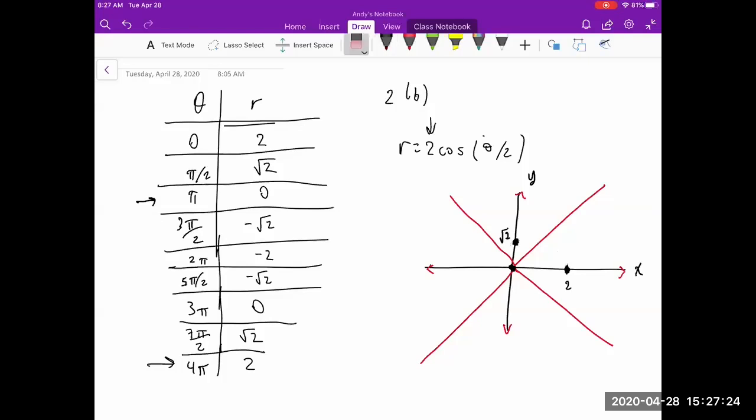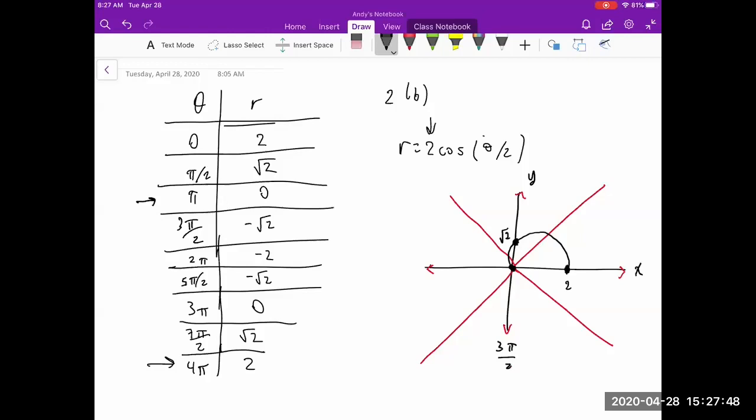Let me try to do that shape again, just so it looks a little better. It's moving something like this. I'm trying to make it round, but it's not coming out right. That looks a little better. All right, so now for 3 pi over 2, that's the angle down here.